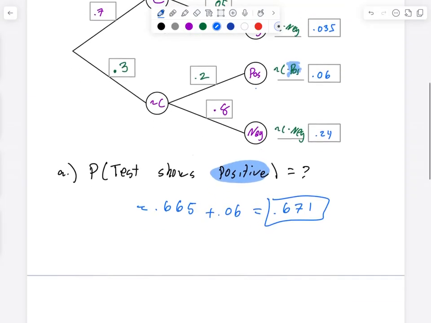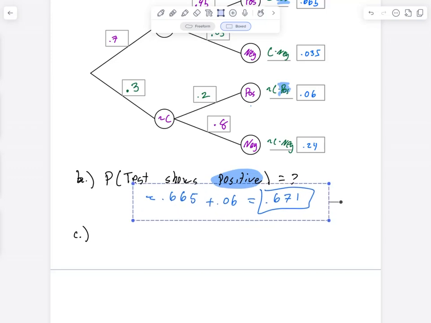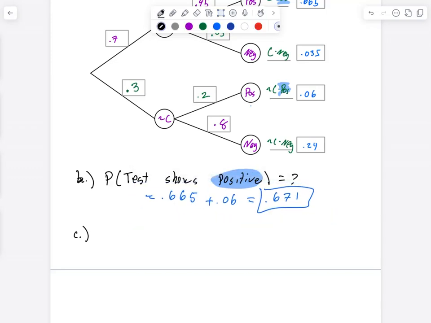What is the probability that someone has COVID if they tested positive? What is the probability somebody has COVID if they tested positive?